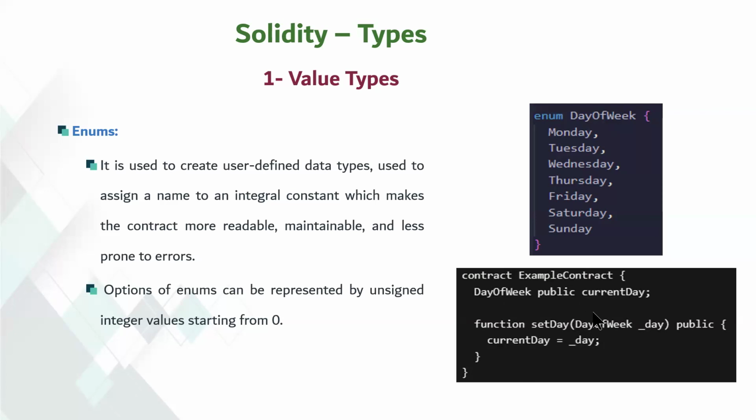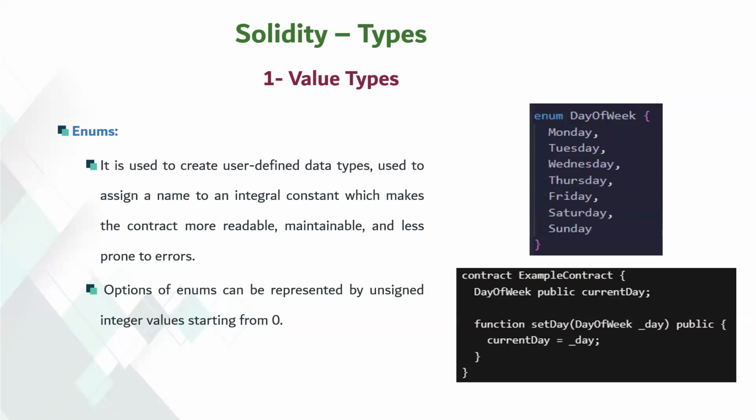This is a public variable of type DayOfWeek, which is the name of the enum here, so it can hold one of the enum options. The setDay function allows us to set the value of currentDay by passing a DayOfWeek option as an argument.